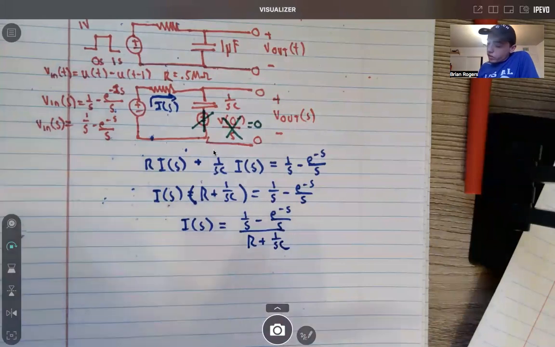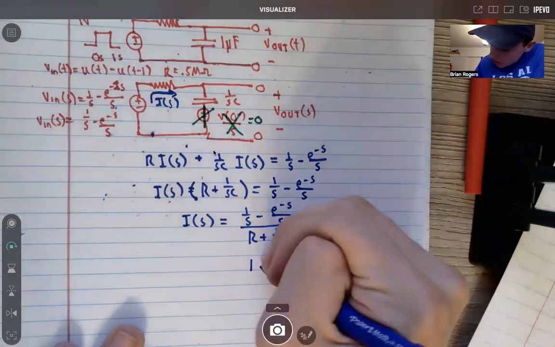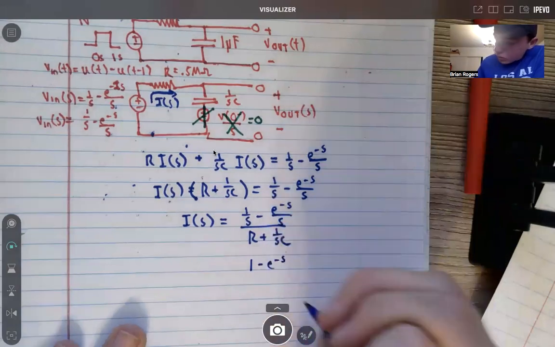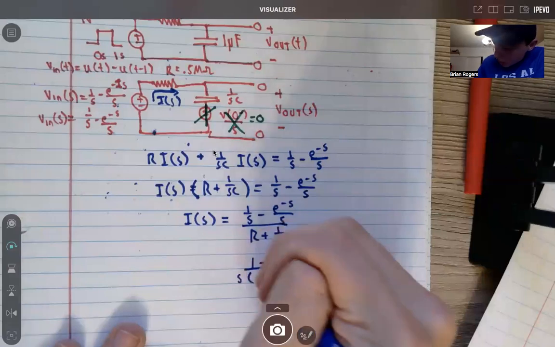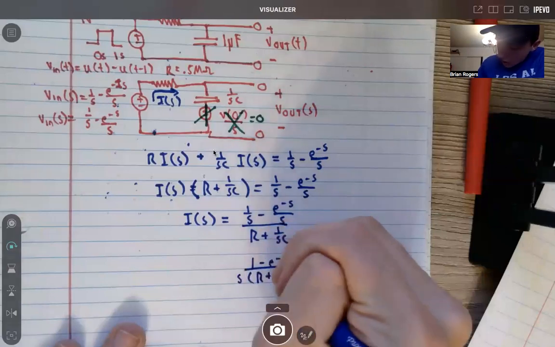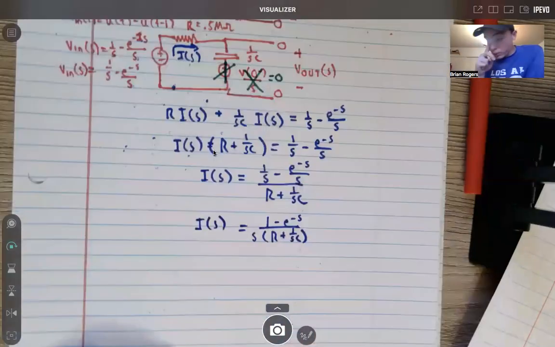And what we're going to see is that this numerator has a common term, which is just 1 over s. And so you can write it like 1 minus e to the negative s, then all over s multiplied by R plus 1 over sC. That's the equivalent. So now we've got the equivalent format.